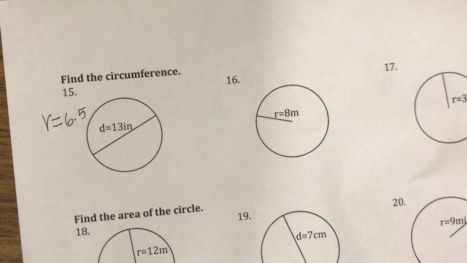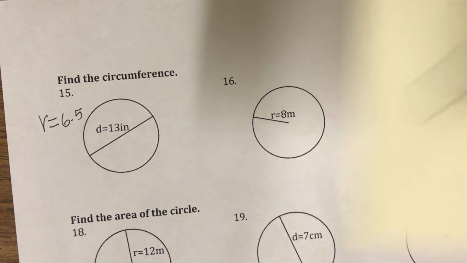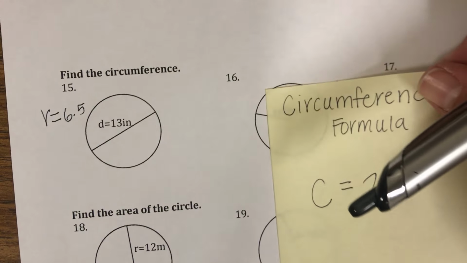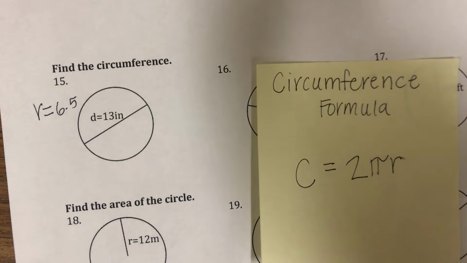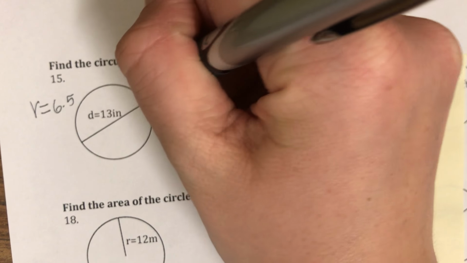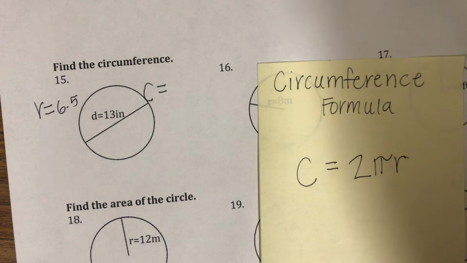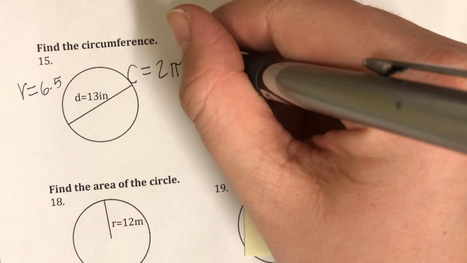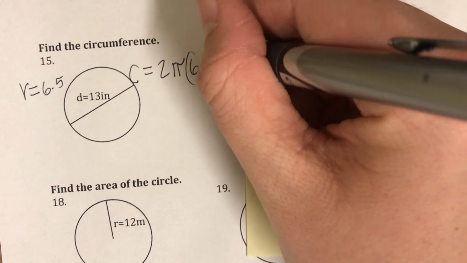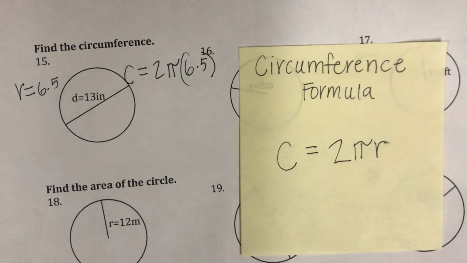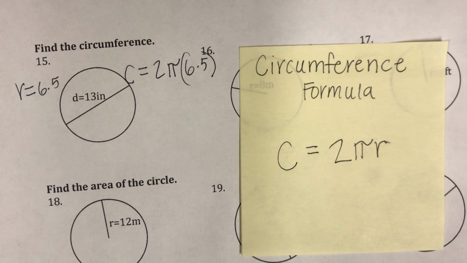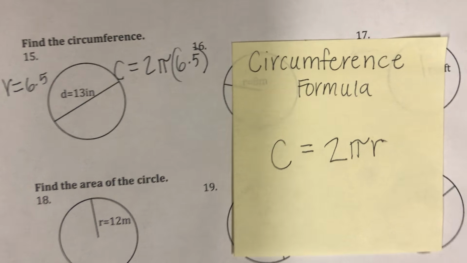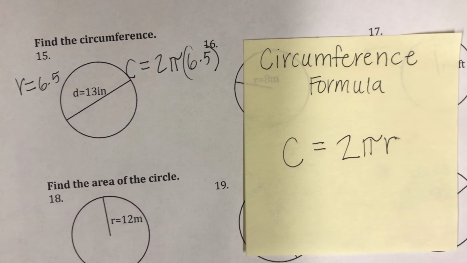Now I can use my circumference formula, which is circumference is equal to 2 pi r. I want to solve for c, and I know that it's equal to 2 pi times r, and I just showed you how to find r, which is 6.5. Now I'm going to get my calculator, and this is where you guys might be a little confused.